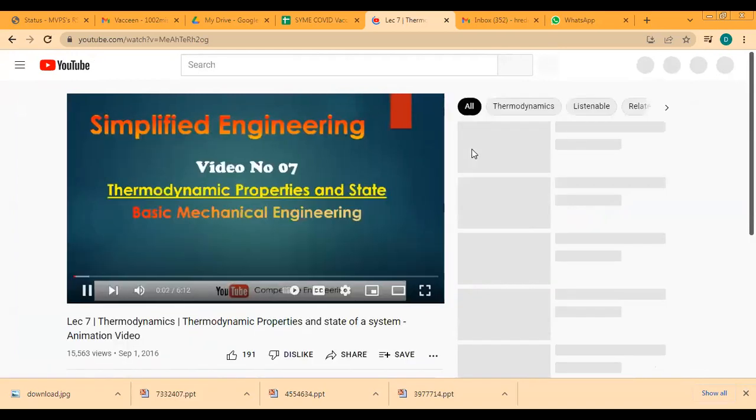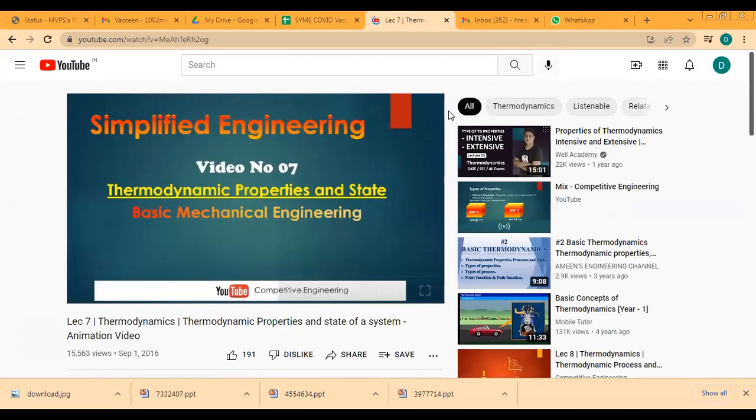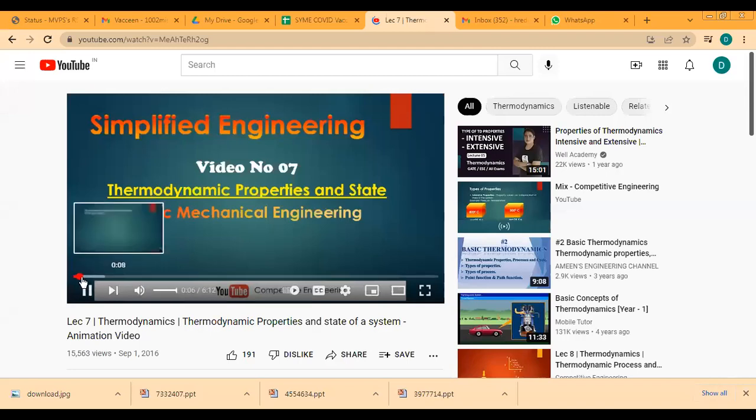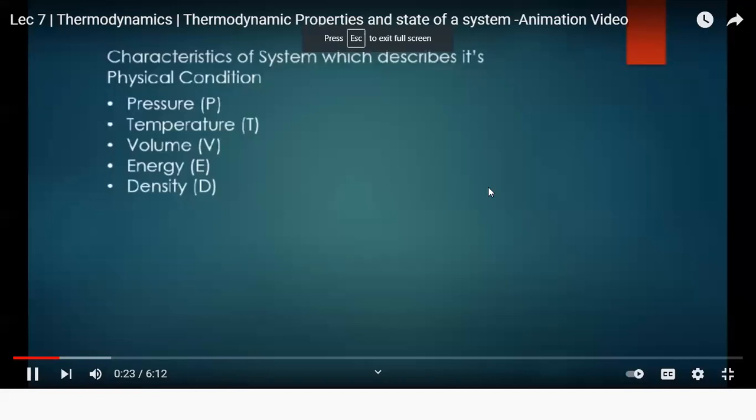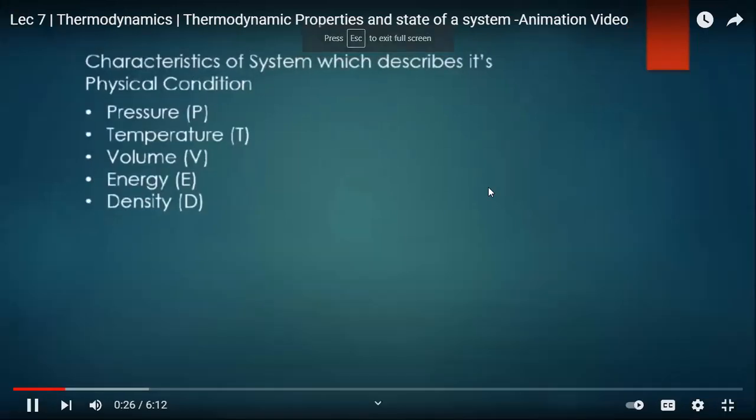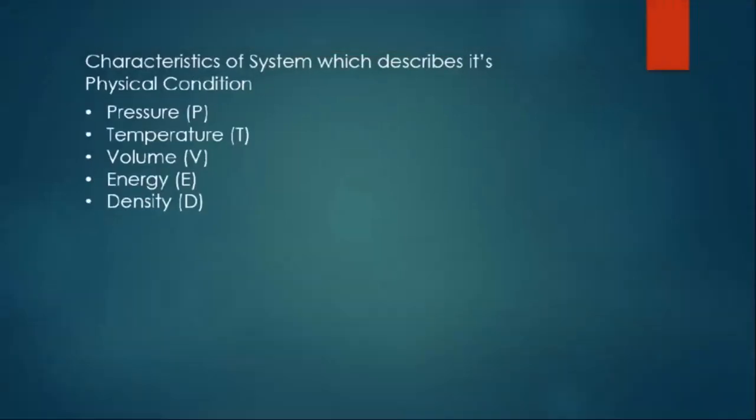Welcome to Simplified Engineering. This is video lecture number 7 and the topic is thermodynamic properties and state. System which describes its physical condition is called properties, which means that if you want to describe something like pressure, temperature, volume, energy and density. If you are saying that the pressure of the system is P1 and temperature of the system is T1 and volume is V1, like that we can physically imagine what will be the condition.